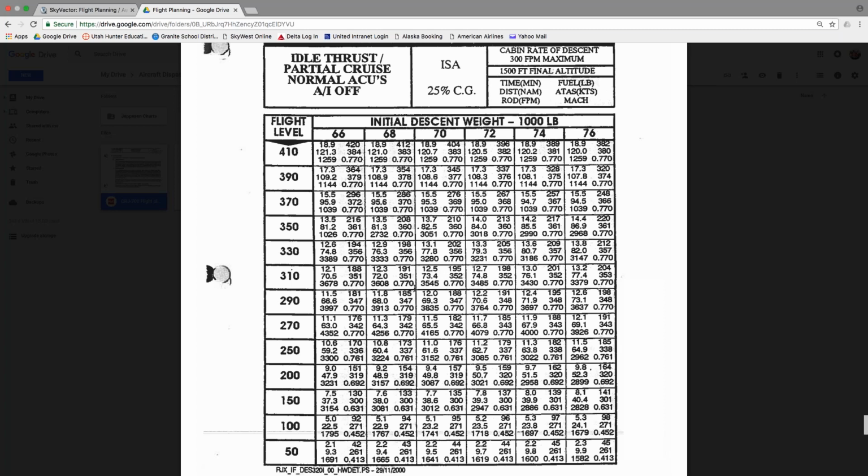For top of climb, what's your distance? 163.1 nautical miles. Okay, what's your top of descent? That's not what I have. The distance is 169 or 163. For top of descent, I have 105.5, but I struggled on that one.